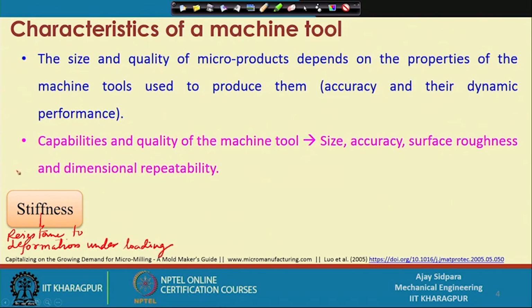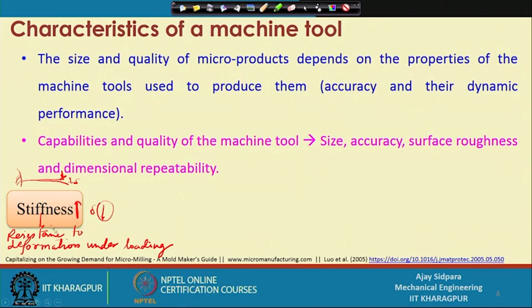Suppose this is a cantilever beam and you are loading at the free end, how much it will deflect depends on the stiffness. So, the higher the stiffness, the lower the deflection. So, this is D. It will go a little down, very little down, if the stiffness is high. That means it is the opposite of flexible.